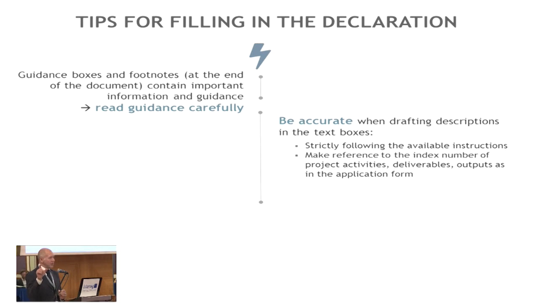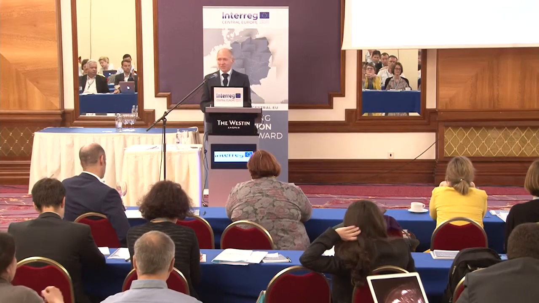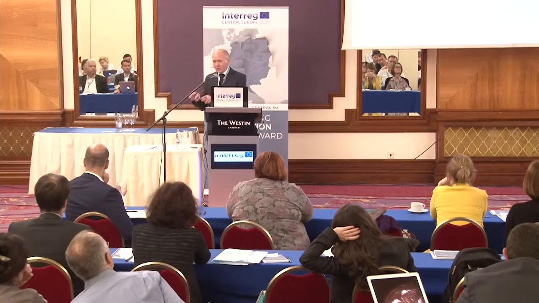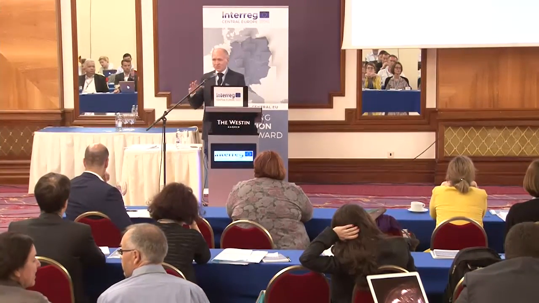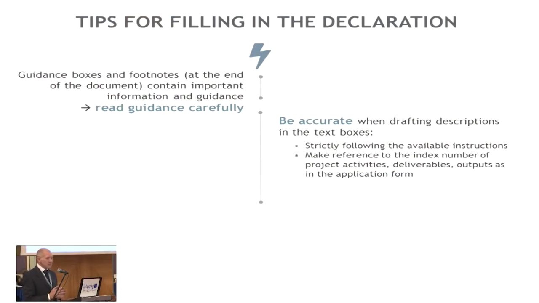Quote the number of the deliverable, quote the number of the output in the declaration, because this helps us then to identify only those little parts of the project which are state aid relevant, and in order just to limit the occurrence of state aid to the specific activities and specific deliverables which are state aid relevant in the project.